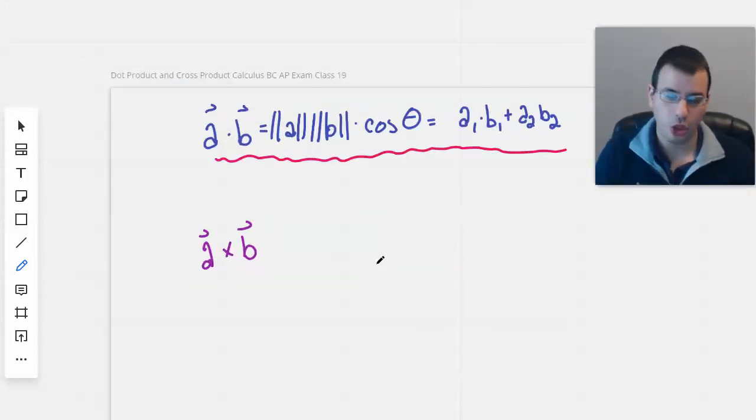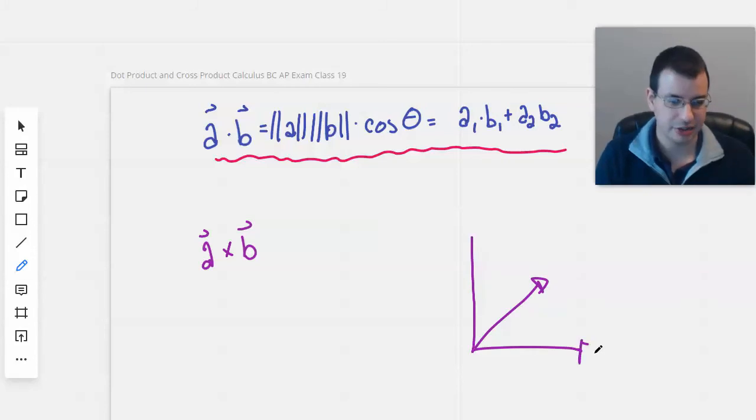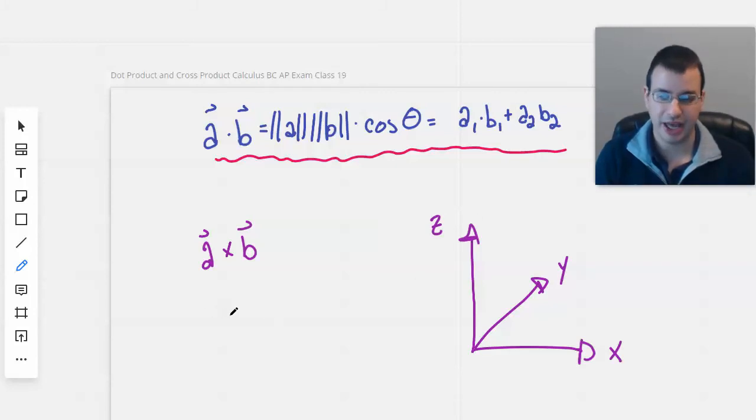So one of the ideas is, if you have your coordinate system, your x, y, and z, the coordinate system is defined as x cross y equals z.